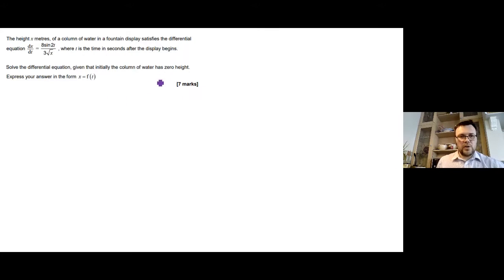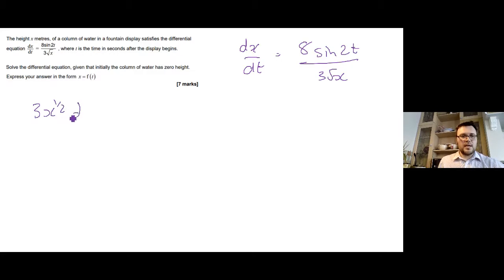With this, you're going to have to split the differential equation. We've got dx by dt equals 8 sine 2t over 3 root x. So the 3 root x goes with dx and the 8 sine 2t goes with dt. So we have 3x to the half dx equals 8 sine 2t dt, and we integrate this side with respect to x and this side with respect to t.